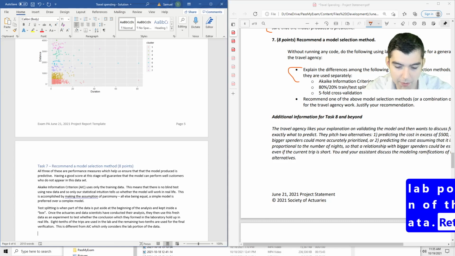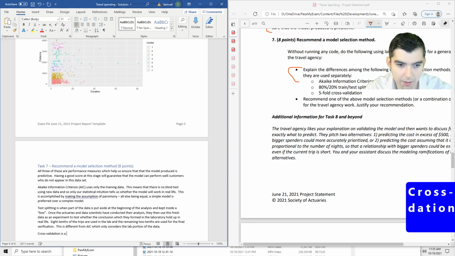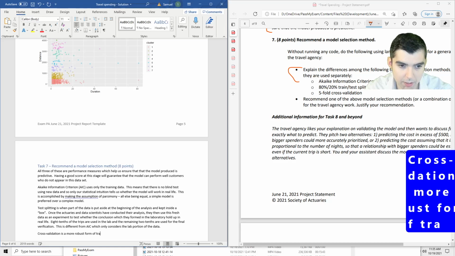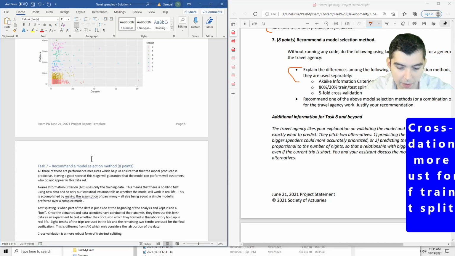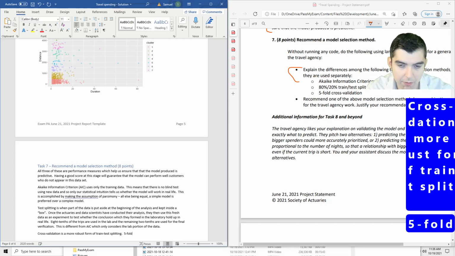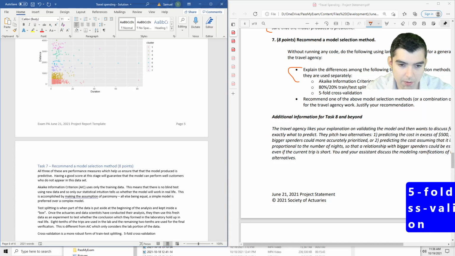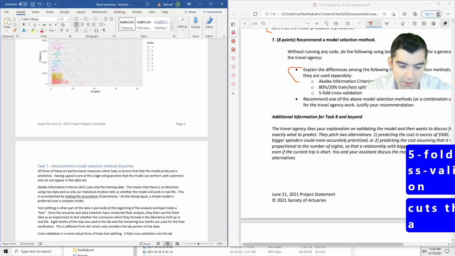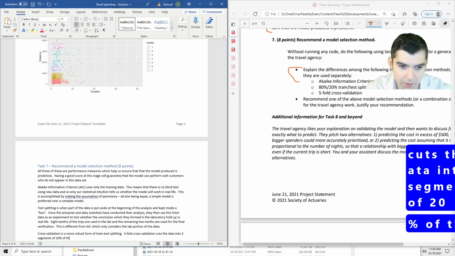And then fivefold cross-validation is a more robust form of train test splitting. Fivefold cross-validation cuts the data into 5 segments of 20% of the trips, called folds.